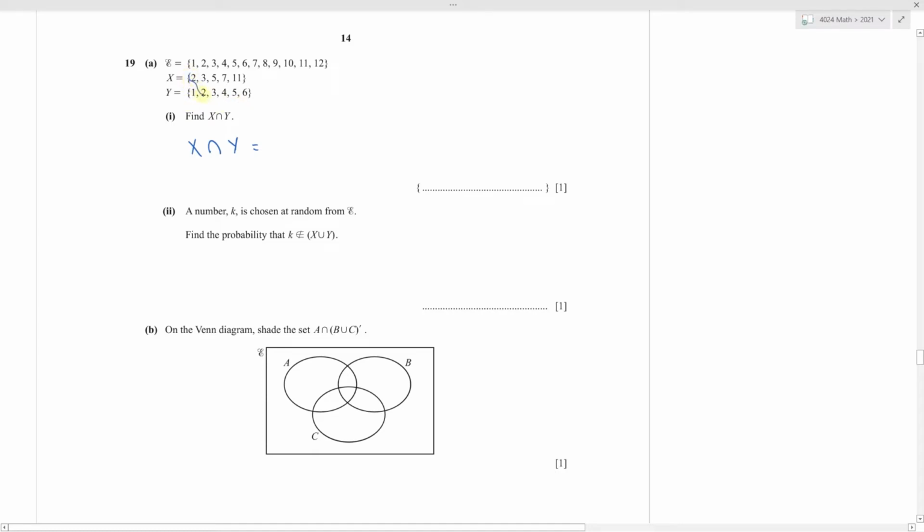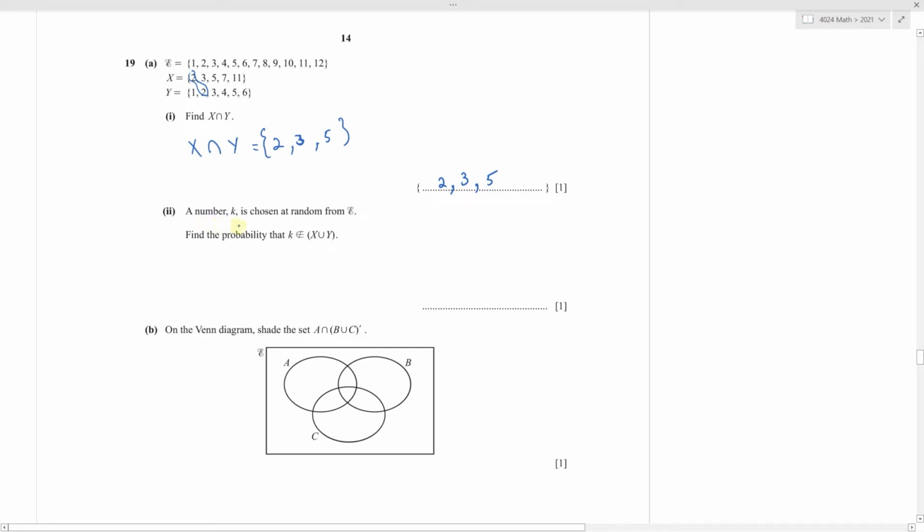You can see 2 is present in both of these, so 2 will be a part of X intersection Y. 3 is also present in both, so 3 will also be a part of this intersection. 4 is not present, 5 is present, so 5 will also be a part of this. 6 is not present here, 7 is not present here, 11 is not present here. So X intersection Y will be 2, 3, and 5.